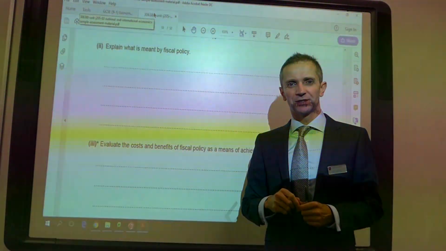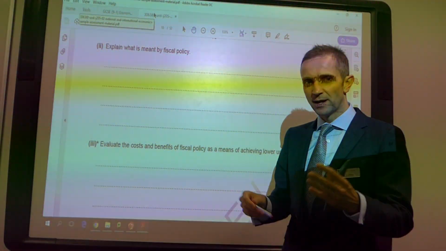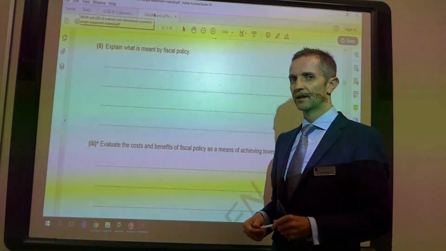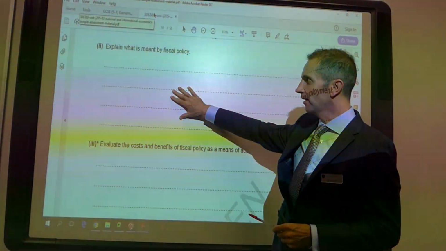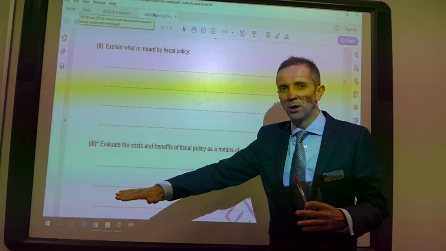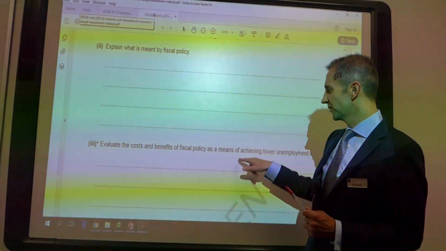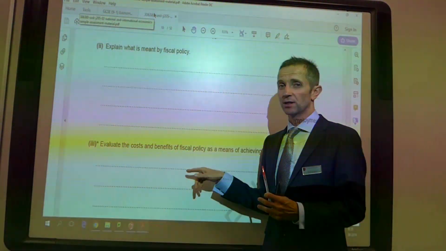Explain what's meant by fiscal policy. Government spending, taxation, used to manage the macroeconomy, all that sort of jazz. One of the levers of economic management. So that would be your answer to go in there, and which means really you've already done the level 1, and so when you get to this question, evaluate the costs and benefits of fiscal policy as a means of achieving lower unemployment.